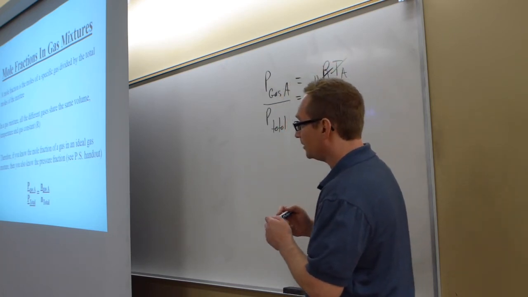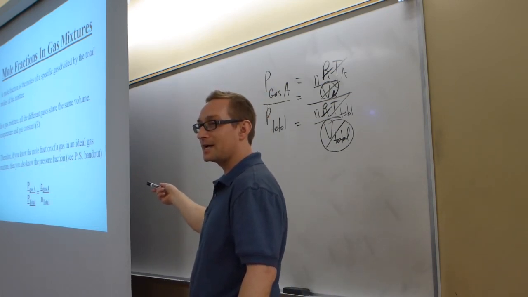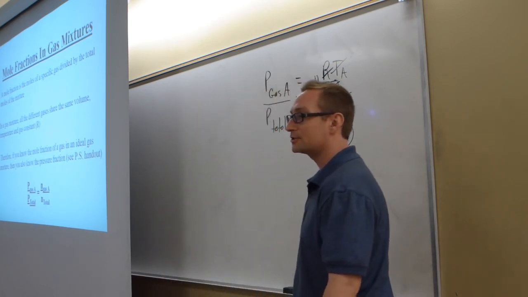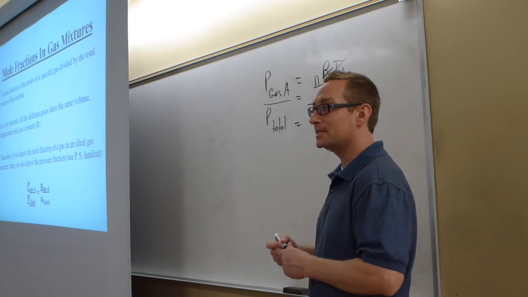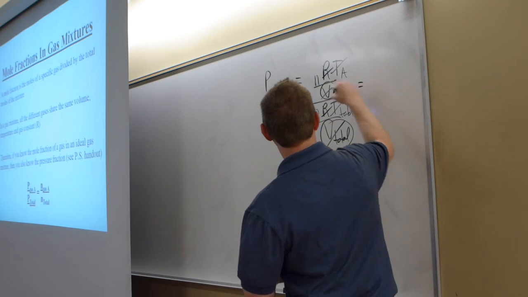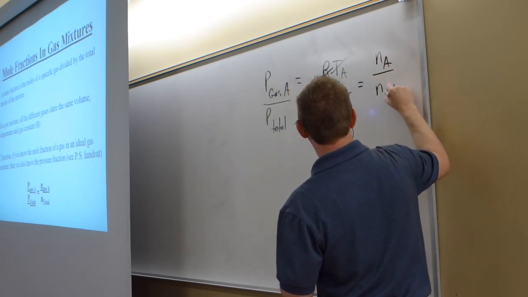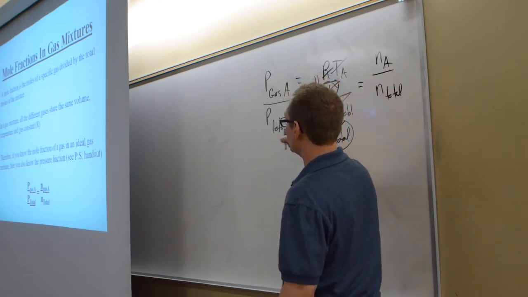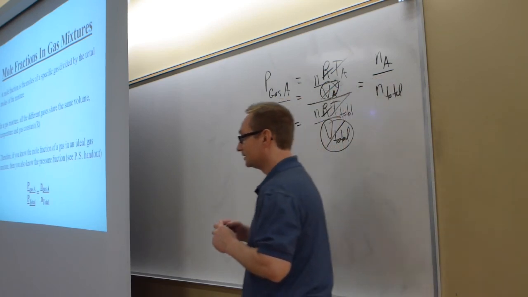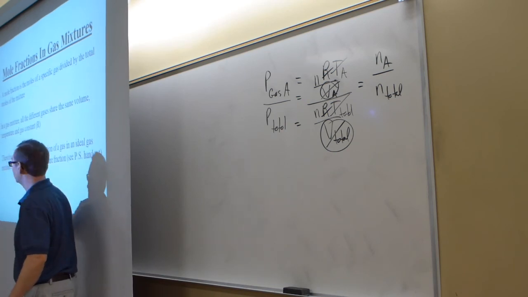So can you see now how the partial pressure fraction to the total is the same as the mole fraction of the partial gas A to the total? Mole fraction is equal to the pressure fraction for that reason. Can you see that? So from all this canceling out, moles of gas A divided by total moles is going to be the same fraction as the partial pressure fraction. And that's where this comes from.